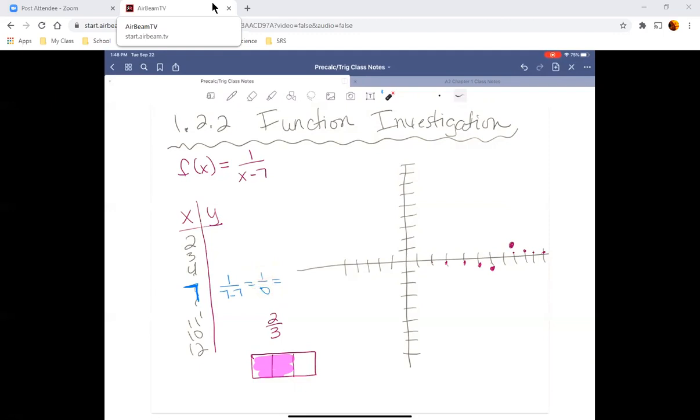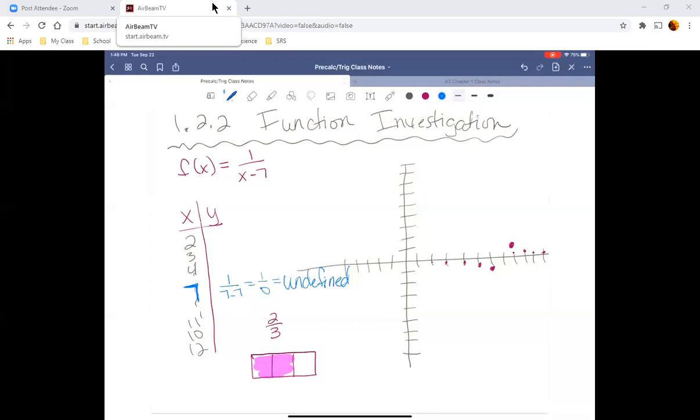Doesn't make sense, does it? So can we ever divide by 0? No. So that would be what we call undefined, because there's no way to define how to divide by 0. So if you ever come across something over 0, it is undefined, okay?